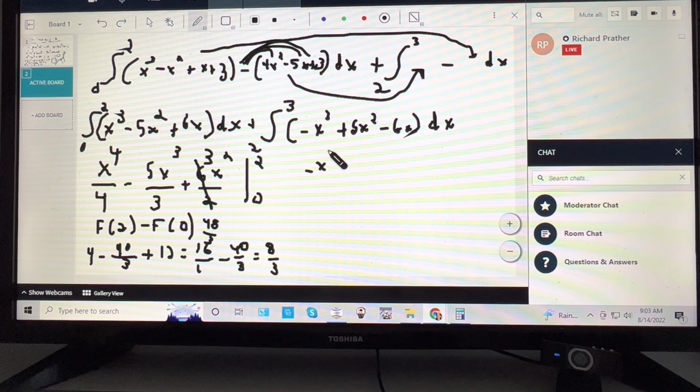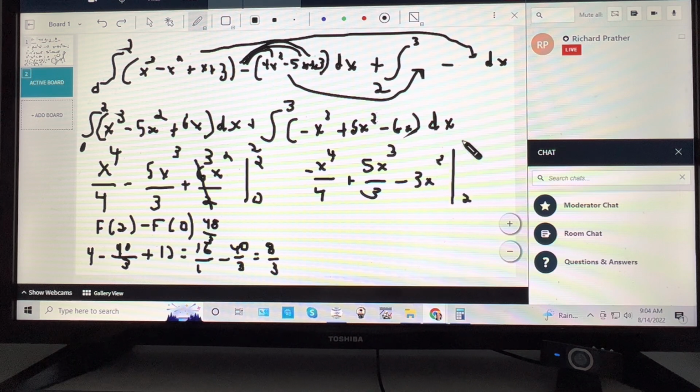the antiderivative will be the same thing over here except opposite signs. So you'll have a negative for the x to the fourth. You'll have a plus for the x to the third part, and then you'll have a minus for the 3x squared. From 2 to 3.